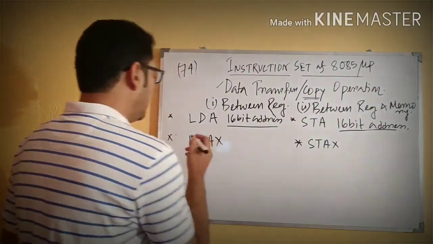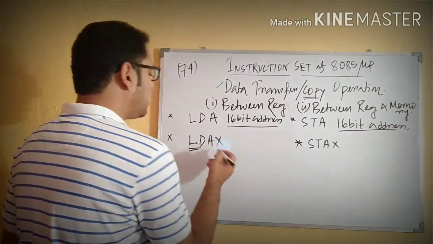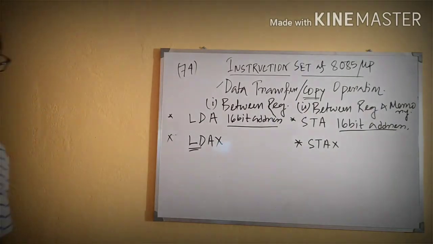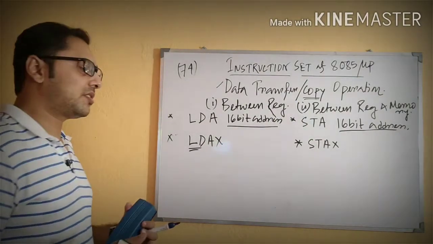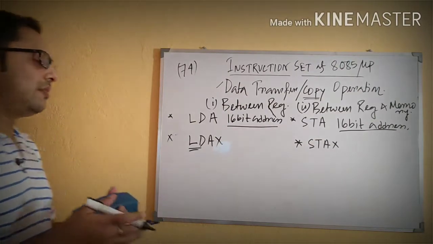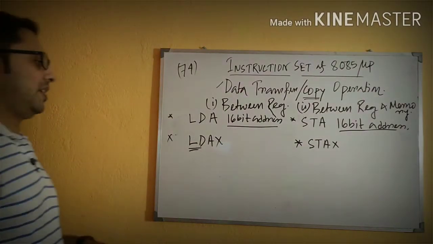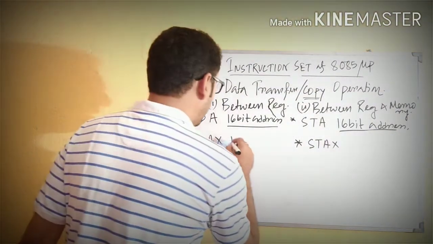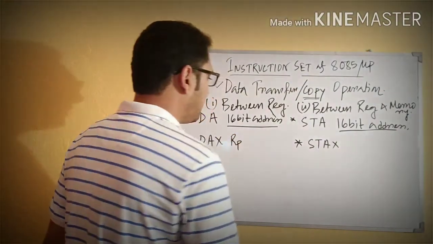LDAX means load accumulator indirectly. Now the question is where? The answer to this will be given by a register pair. That is why the operand here is a register pair.